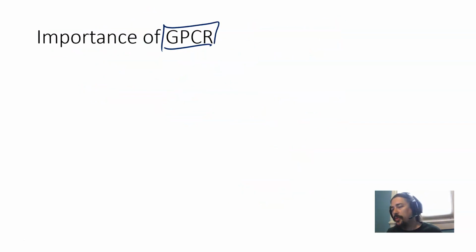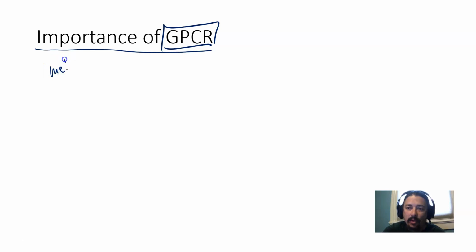Why are G protein coupled receptors important? Well, if you go back and read in the past, if you read Chapter 12 very carefully, you might have read something about metabotropic ligand gated ion channels.